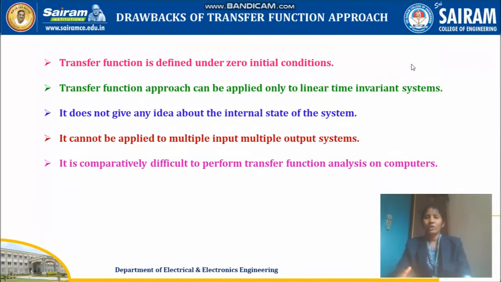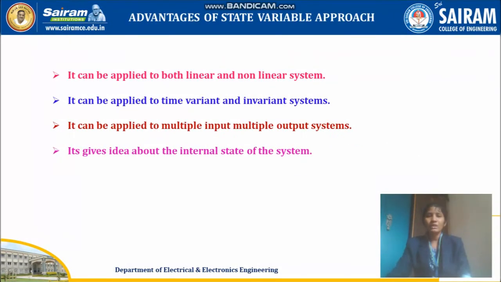To avoid all these drawbacks, we are going for the state variable approach. The main advantage of the state variable approach is that you can apply it to multiple input and multiple output systems. If you have n number of inputs in any design, you can consider all the inputs at the same time. Also, it is applicable for time variant and time invariant systems.